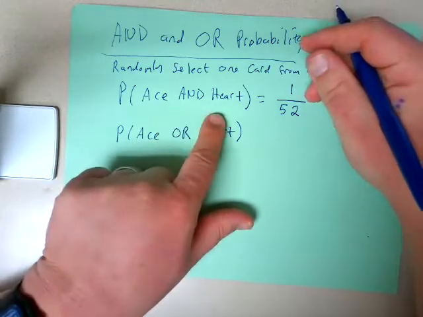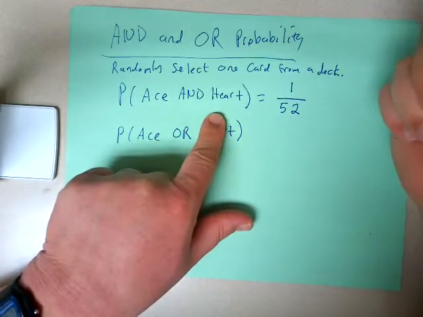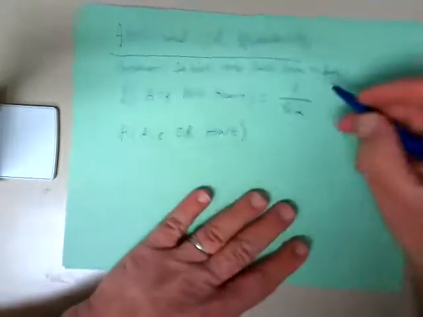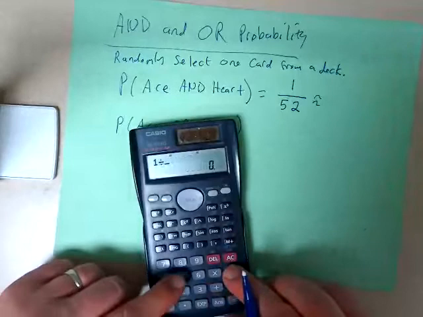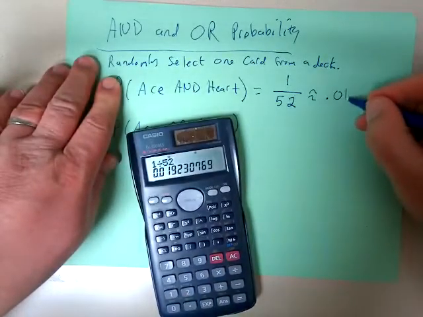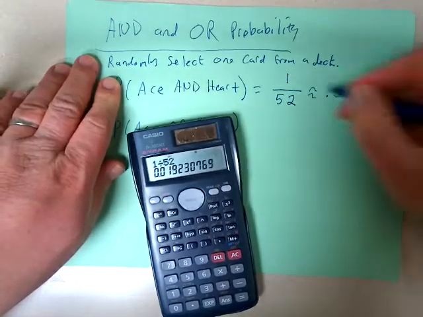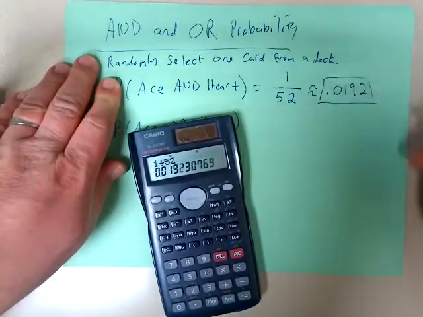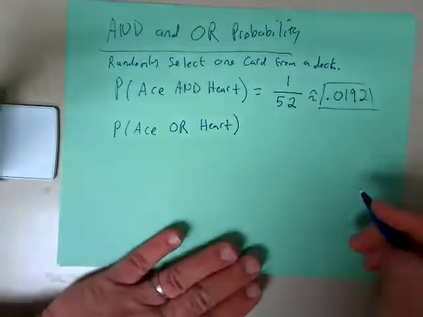So what this means is the card that I draw has to be the ace of hearts. It's an ace and a heart. So the probability here then is, in this case, 0.0192 if I round to 4 decimal places. So that would be the probability of drawing an ace and a heart.